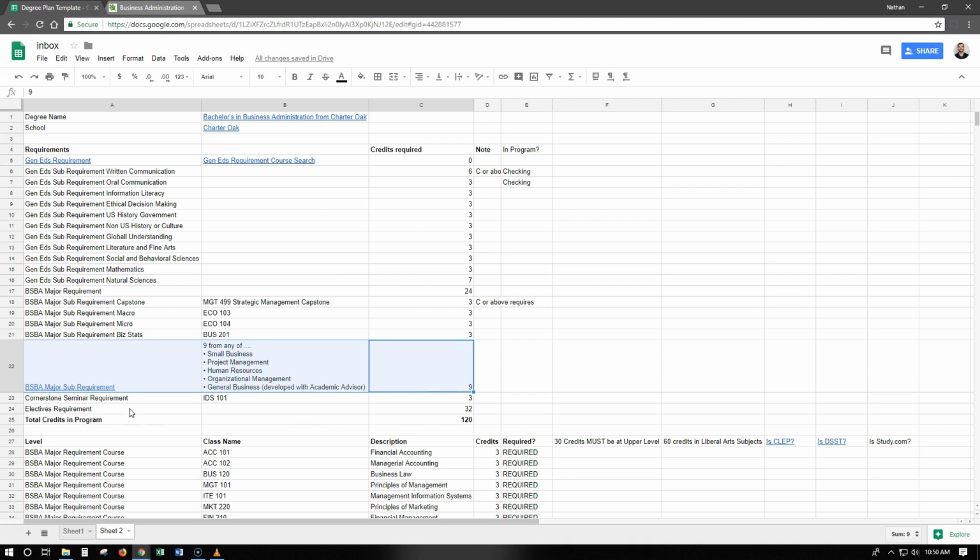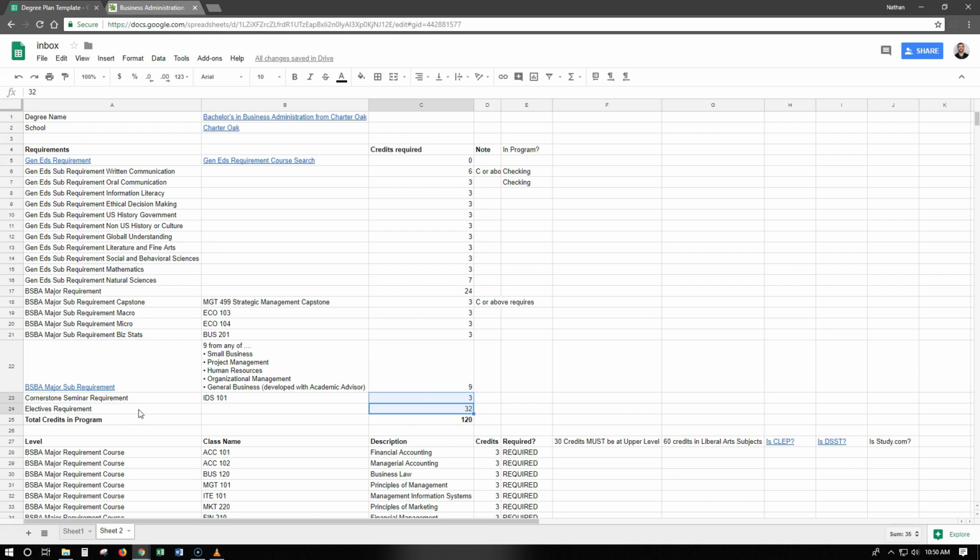So I've listed, here are the gen eds you're required to get, these 40 worth of gen eds. Here is the broken down 45. The electives requirement should have been 35, but they just told us you had to take a cornerstone IDS 101. So that's 3, which means this adds up to 35.